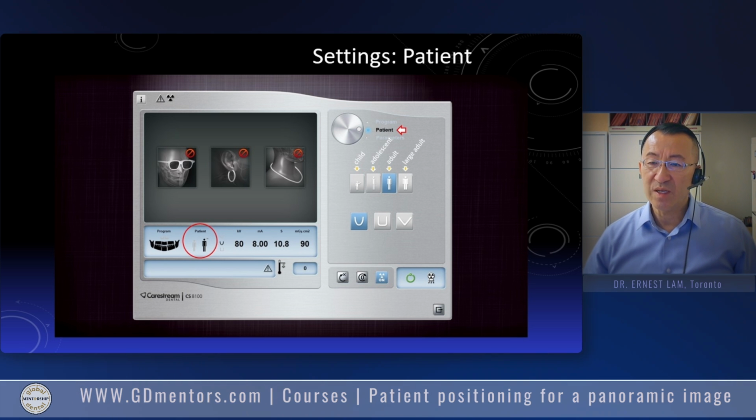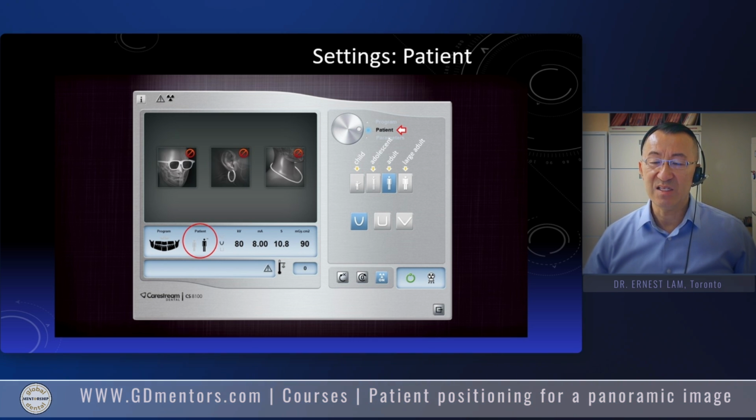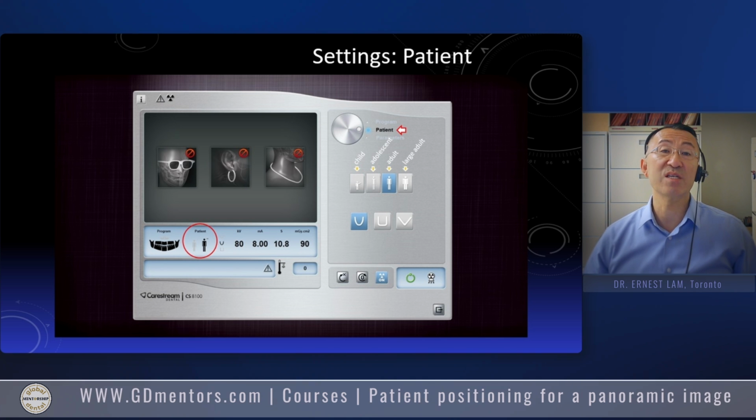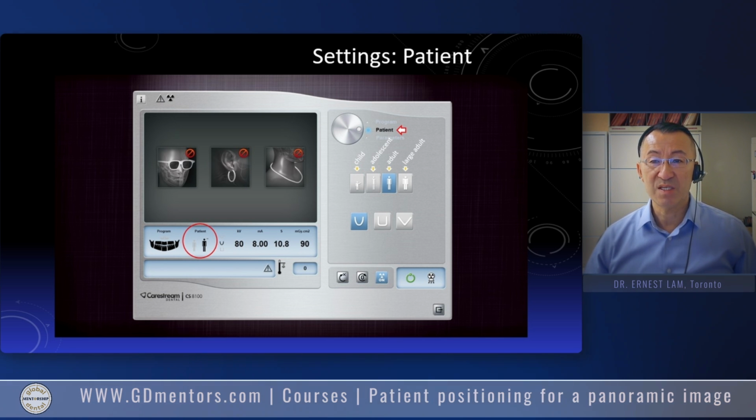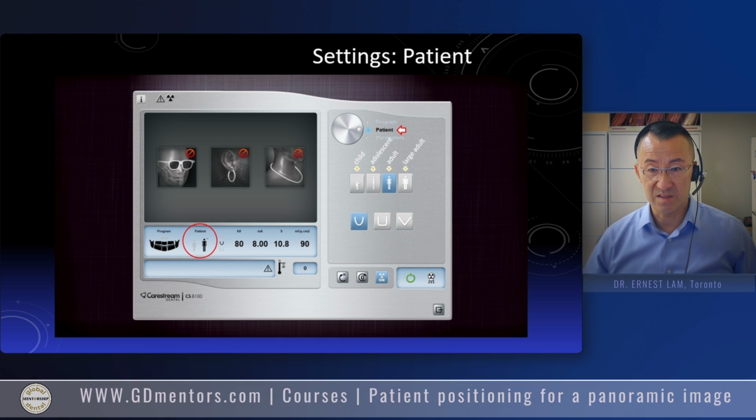What happens when you change this setting is you change not only the acquisition parameters, so the kilovoltage and the milliamps, but as well you change the size of the panoramic image that is captured. So if you have this set on a child setting, the dimensions of the acquisition will be slightly smaller than if you select adolescent or adult or large adult.